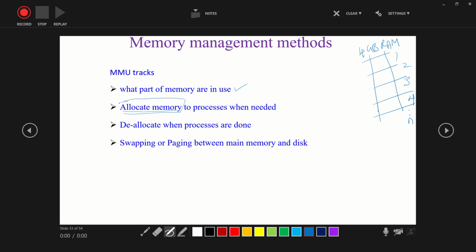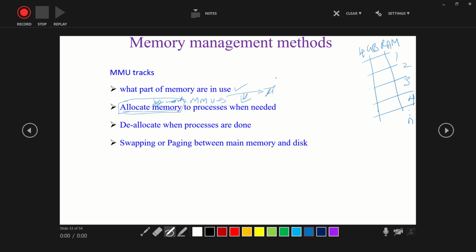The allocation of memory is a very big job. If your memory management program, the MMU, is very good, very little memory is required. If your management program is not proper, you need so much more.